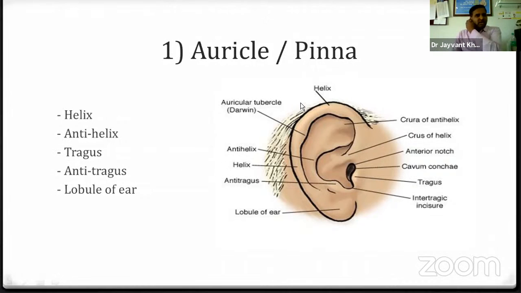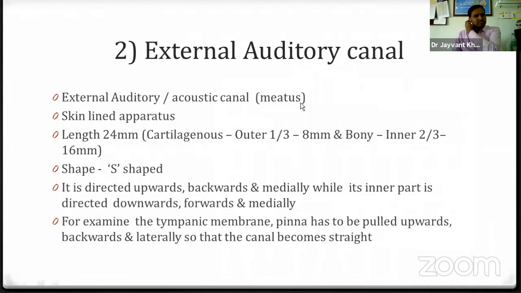Okay. External auditory canal. It is a skin-lined apparatus, length 24 mm, in which the cartilaginous outer 1/3 part is 8 mm and the bony inner 2/3 part is 16 mm. The canal is S-shaped. While performing otoscopy or any tympanic membrane or EAC examination, we have to straighten the S-shaped canal.